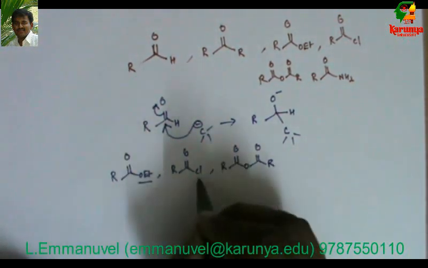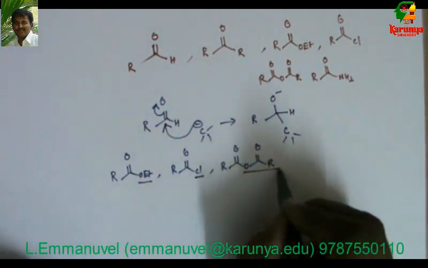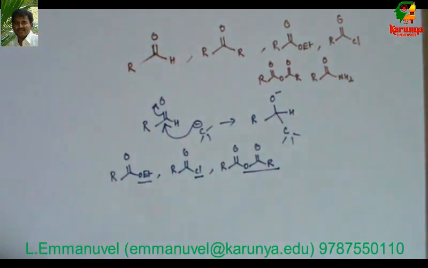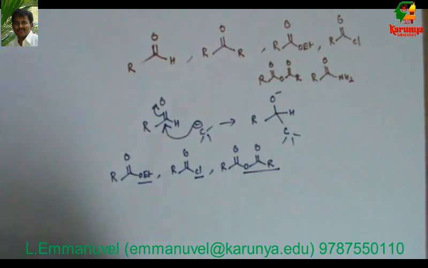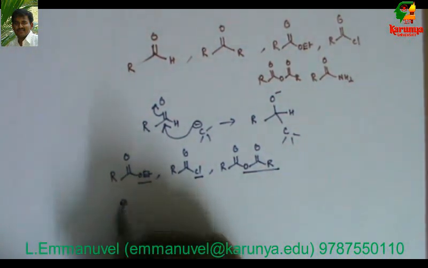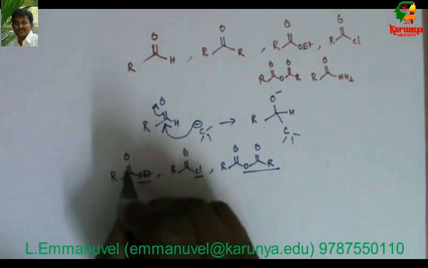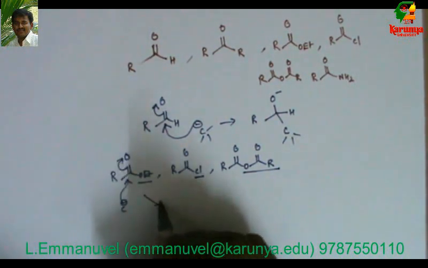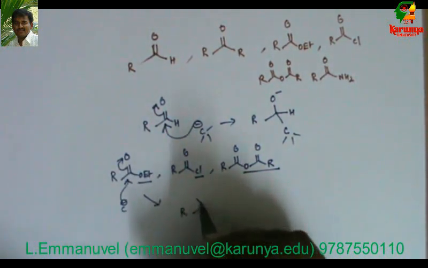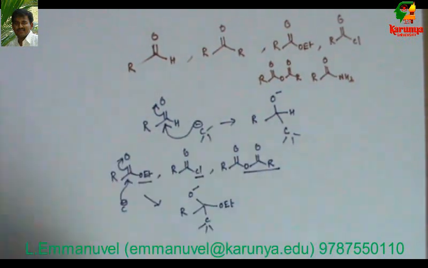This OEt, chlorine and this acetate can act as a leaving group. When the nucleophile, that is a carbanion, attacks here, this step will be the same. So what we get is O minus, this carbanion, OEt.